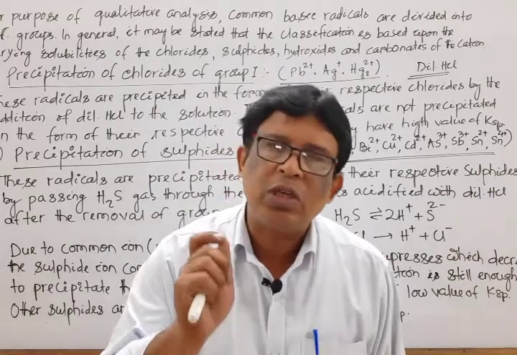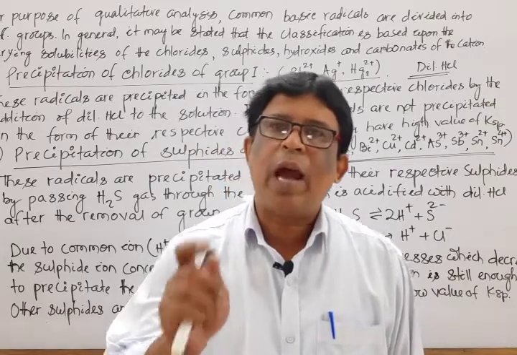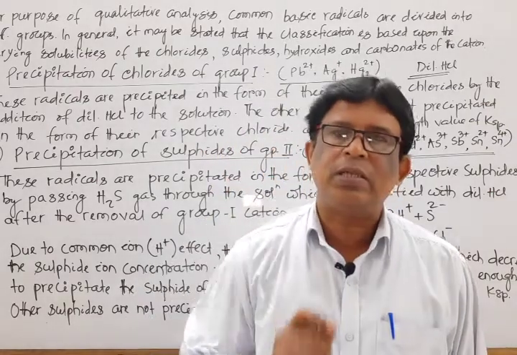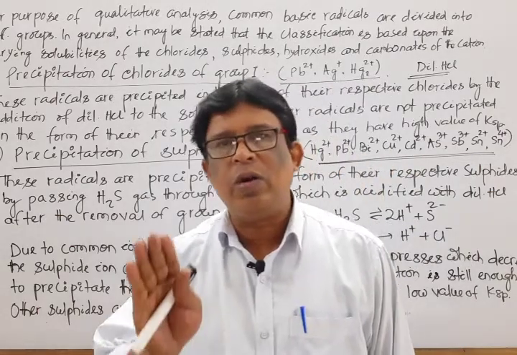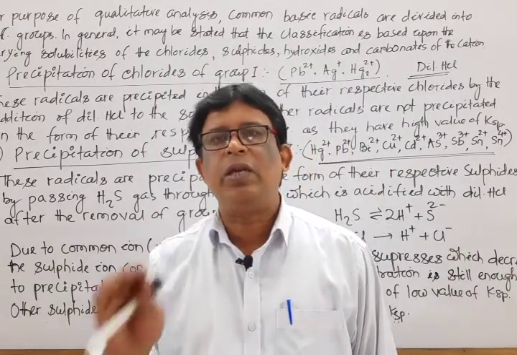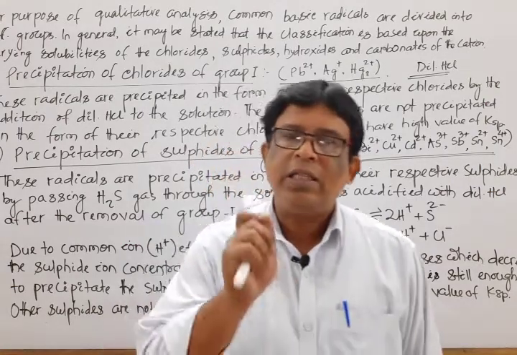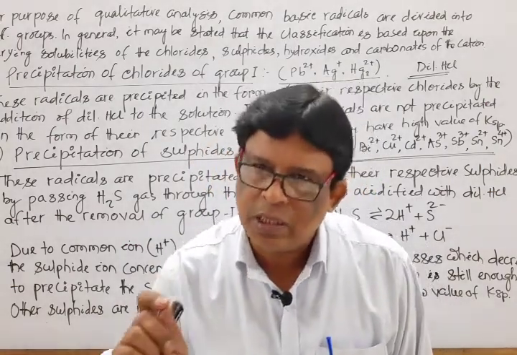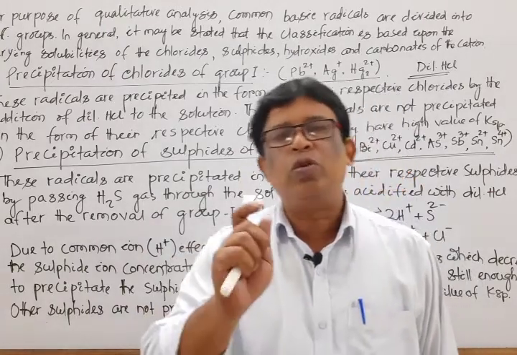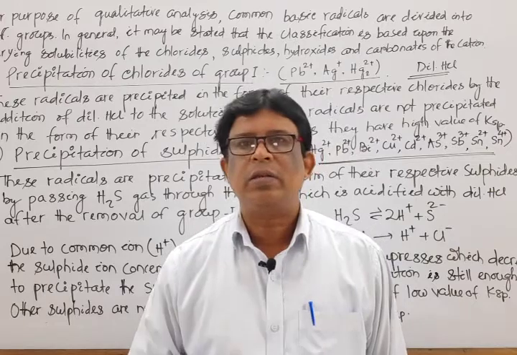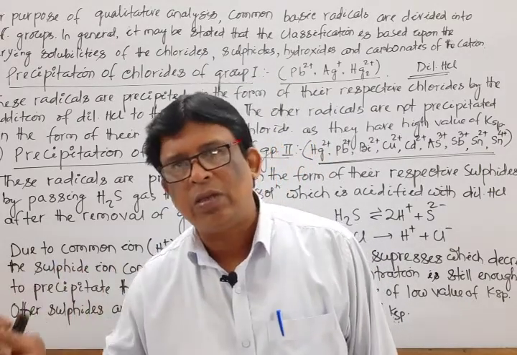So due to this common ion effect, what happened? The ionization of hydrogen sulfide is suppressed, as a result of which the sulfide ion concentration of the resulting solution is lower. But at this low sulfide ion concentration, it has been observed that the cations of group 2 radicals possess a high value of ionic product compared to their corresponding solubility product.